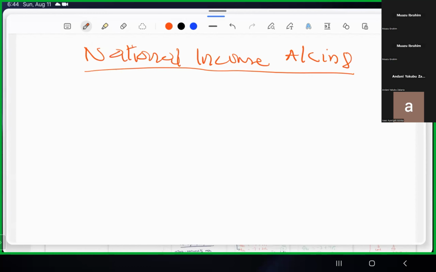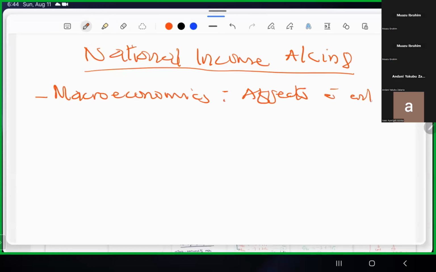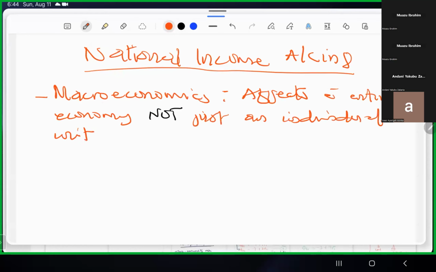At the macro level, we are looking at something that affects the entire economy, not just an individual unit.